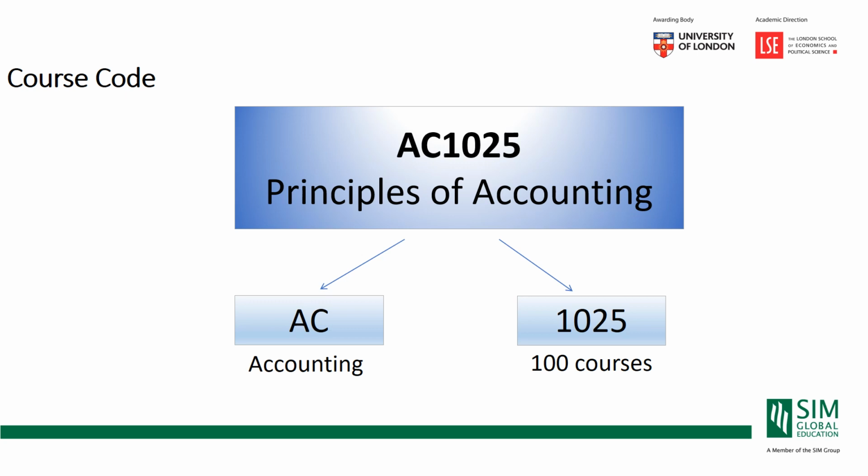Principles of Accounting is a compulsory course for a large number of degrees such as BSc in Accounting and Finance, BSc in Banking and Finance, BSc in Business and Management, etc. If you take a look at the code, AC means accounting, and the 1 in 1025 means 100 level course. 100 level means foundation course. So 1025 says that this is a foundation course.